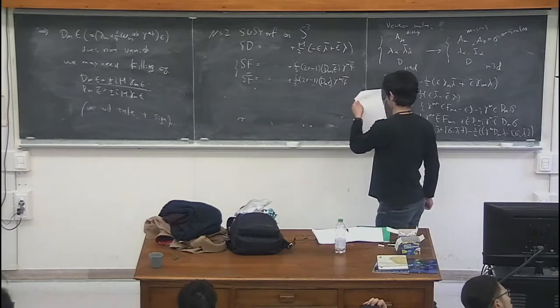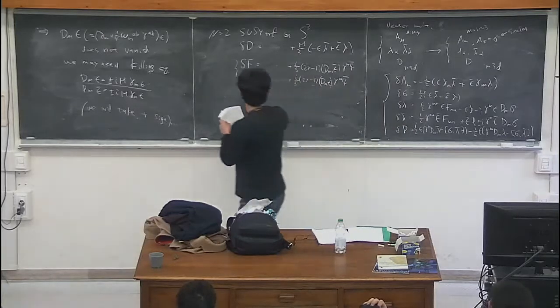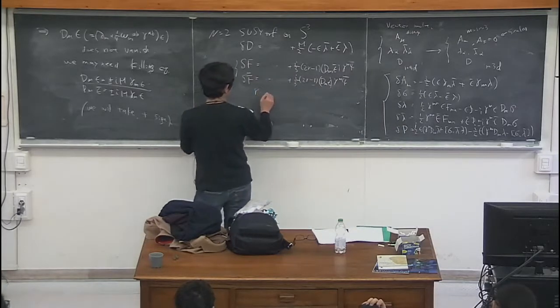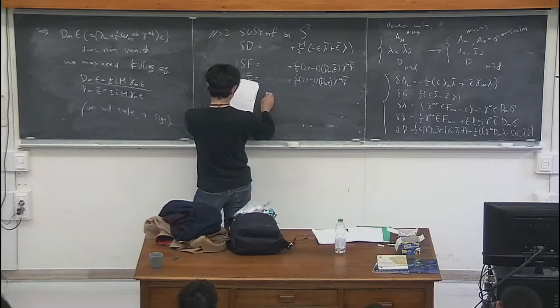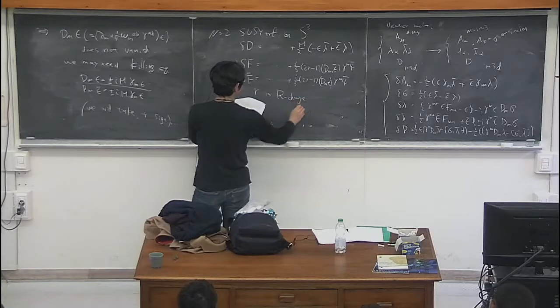Now here, R is called the R charge, the charge of phi. Maybe this is confusing.